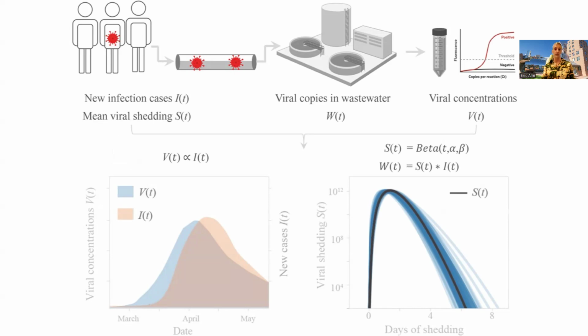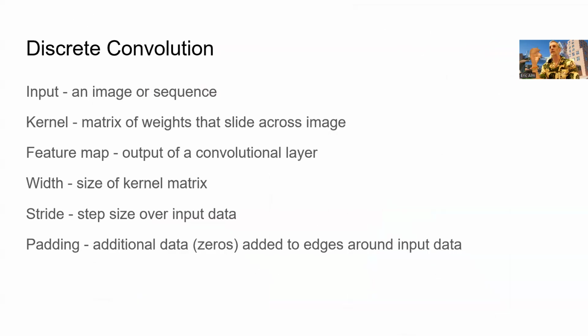We're convolving the number of new infections with the shedding per patient to get the viral concentrations. In a follow-up paper, we looked at the viral concentrations and the new infections and reverse engineered the shedding function, and it was confirmed first in mice and later in clinical samples.